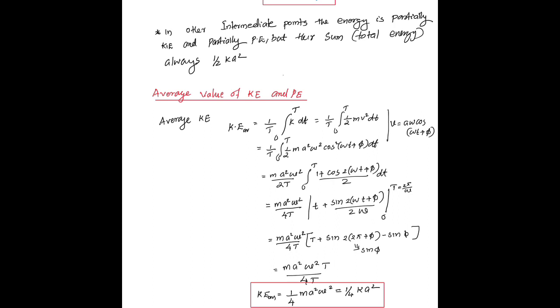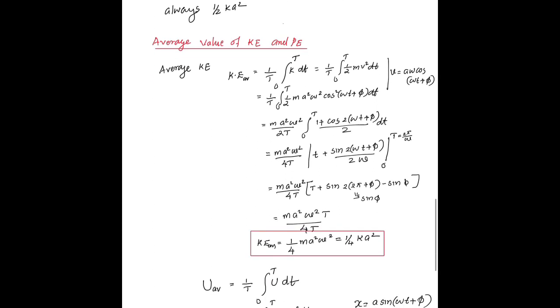It becomes sin phi minus sin phi, which is 0. So only the T term remains: m A square omega square T by 4T, T will cancel. So the average kinetic energy has the expression 1 by 4 k A square.